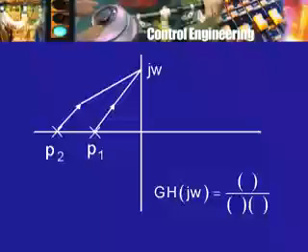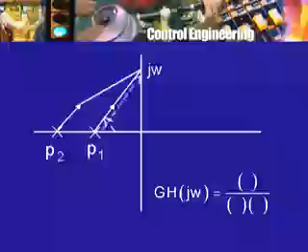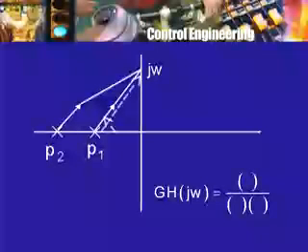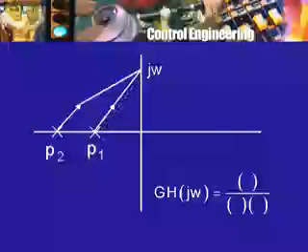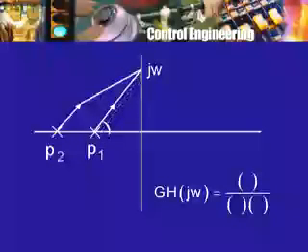Now, it is easy to see what the argument of this complex number GH of j omega is going to be. What is the argument corresponding to this factor, that is j omega minus p1? It is the angle made by this vector with the positive real axis. So, it is an angle that lies between 0 and 90 degrees, perhaps it looks here something like say 60 degrees. What about this angle?